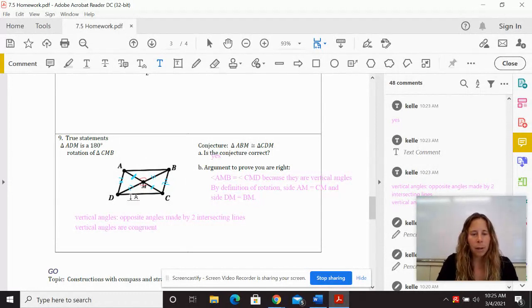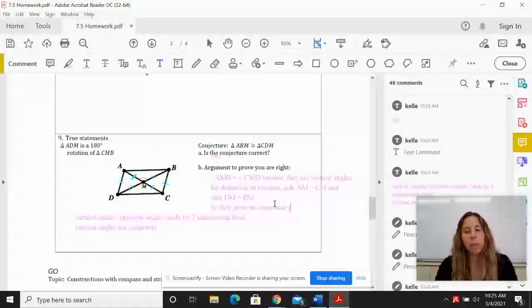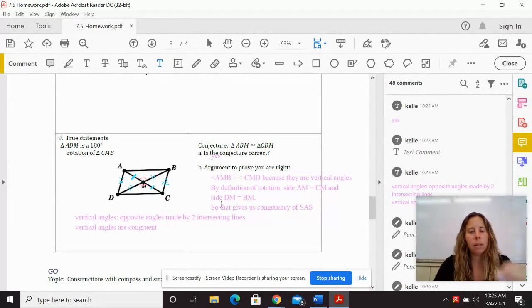So that's how we got our start. And then you just had vertical angles. Did I forget anything else? Nope. And so that leads us to side angle side. So that gives us congruency by side angle side.